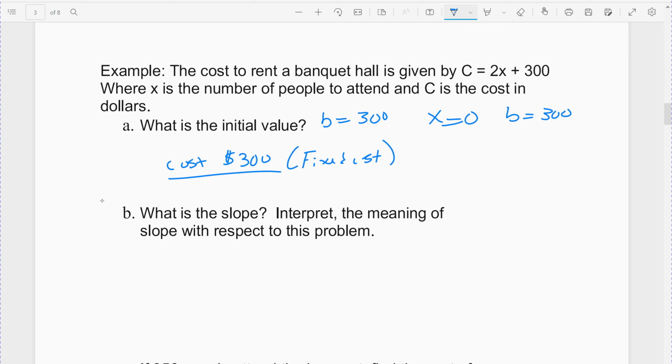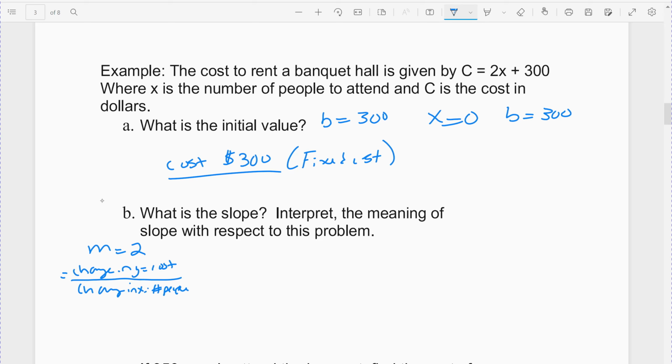Slope is the next thing we're going to look at. So what is the slope's interpretation, its meaning, with respect to this problem? All right, so slope in this case is 2. Remember, it's the change in y, which in this case is my cost, over the change in x, which is number of people. And so you use your units to help you out with the interpretation.